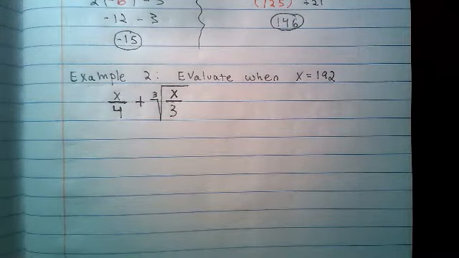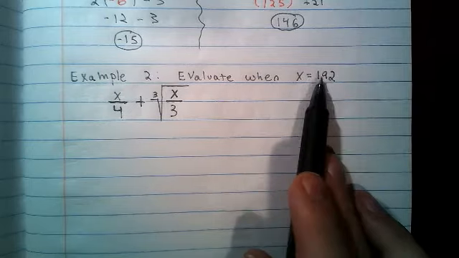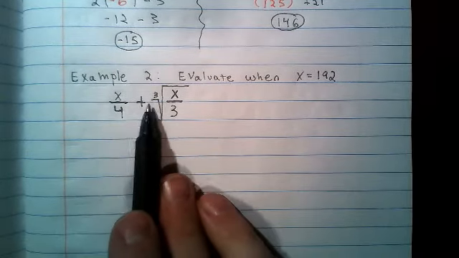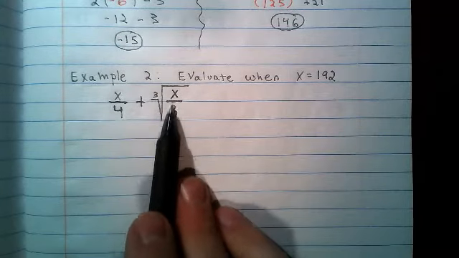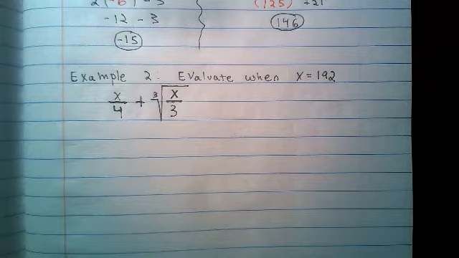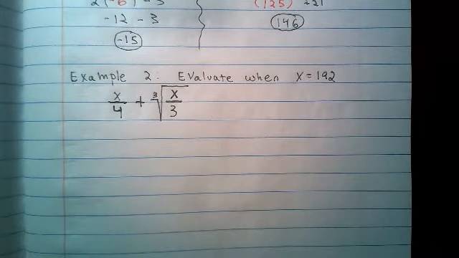On the left side of your book, I want you to do the following 6 problems. For our last example, we're going to evaluate this expression when x equals 192. So we have x divided by 4 plus the cube root of x divided by 3. We know that x is 192. That's what they give us. So everywhere I see x, I'm going to substitute in 192.